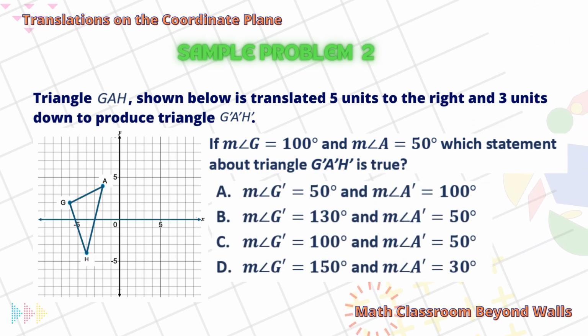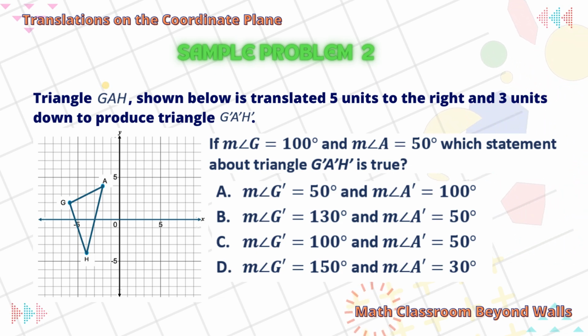A, the measure of angle G prime is 50 degrees and the measure of angle A prime is 100 degrees. B, the measure of angle G prime is 130 degrees and the measure of angle A prime is 50 degrees. C, the measure of angle G prime is 100 degrees and the measure of angle A prime is 50 degrees. D, the measure of angle G prime is 150 degrees and the measure of angle A prime is 30 degrees.